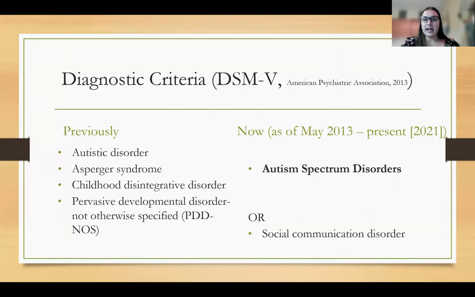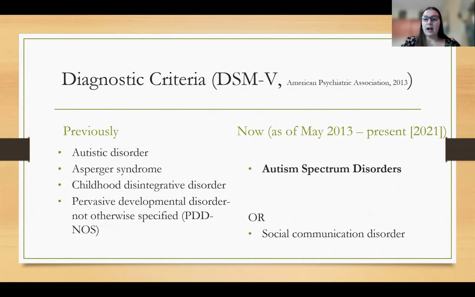All four of these diagnoses no longer exist for new diagnoses. Anyone who was previously diagnosed with one of these four disorders is now considered to have autism spectrum disorders. Some people still identify with these previous diagnosis names, but now anyone who is going to be diagnosed would be diagnosed as someone with an autism spectrum disorder as this larger umbrella term.